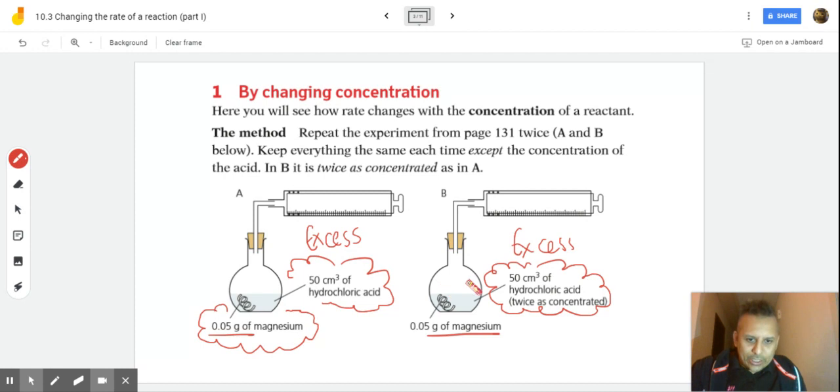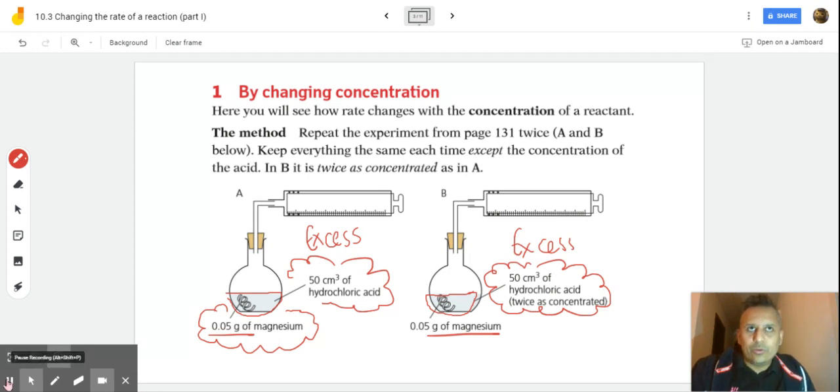Well, essentially, in this 50 centimetres cubed of acid, which is the same volume of acid as in the first example, A, in B you have double the number of positive hydrogen ions ready to react with the magnesium. So, because you've got double the number of particles present, you would expect less time to be taken for an acid particle to hit magnesium.